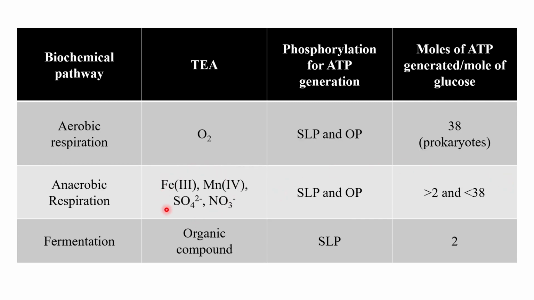Depending on how many electrons are being donated and accepted, which electron acceptor is present, the number of ATP generated during the oxidative phosphorylation will differ, and thus the total number of ATP will differ. Okay. So this whole thing is clear. What is substrate level phosphorylation and oxidative phosphorylation?